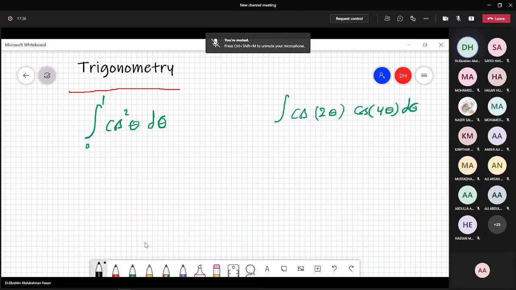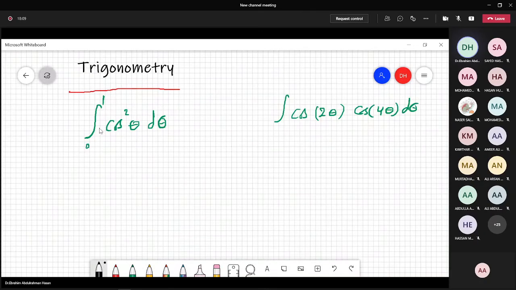No answer. Cosine square equals half of (1 plus cosine 2 theta). Can we solve it directly? Is it possible? No, because we need this formula. So we need some identity here to remove cosine square.